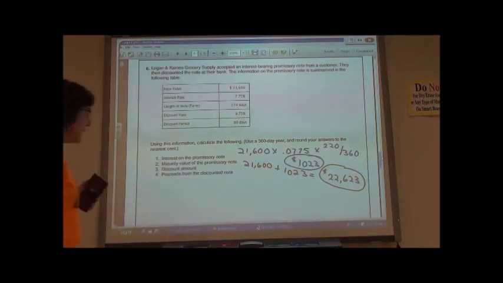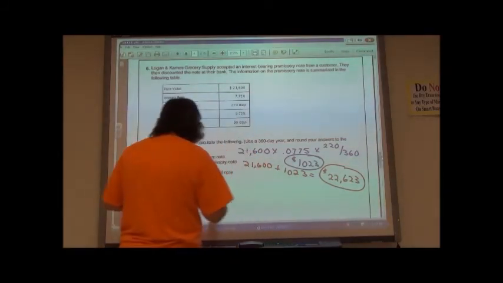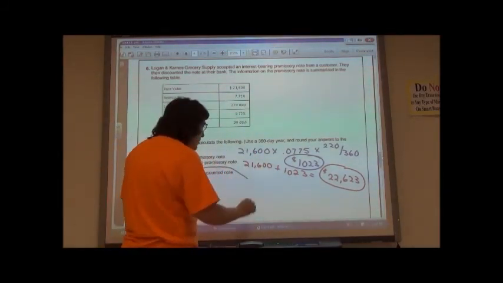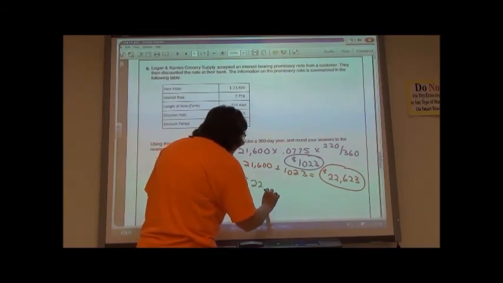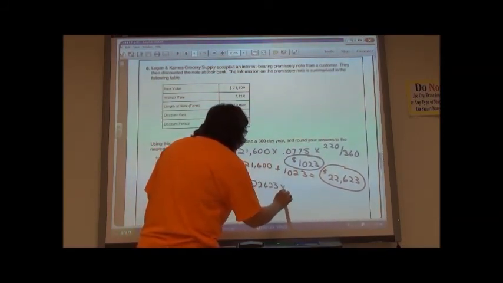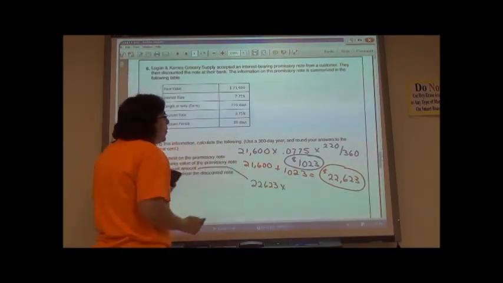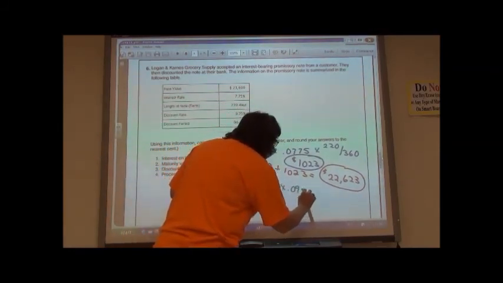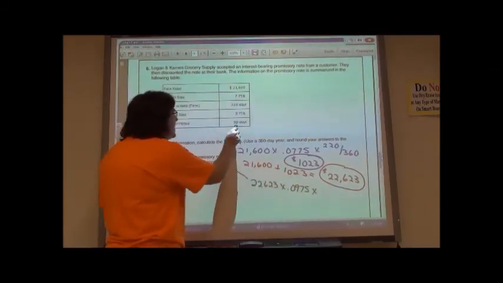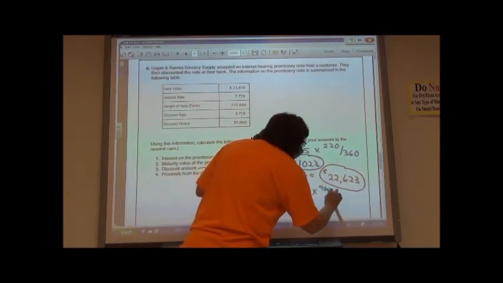I am then going to take it to the bank and discount my note. I'm going to sell it off early. And so I'm going to take the value, $22,623, times the discount rate, 0.0975, times the time of my discount period, 90 days.